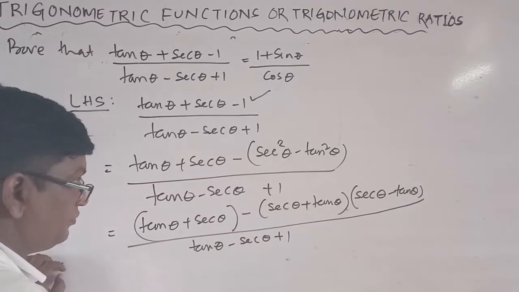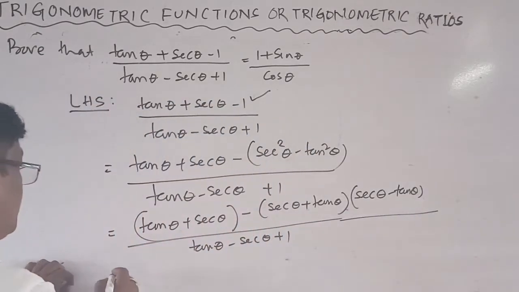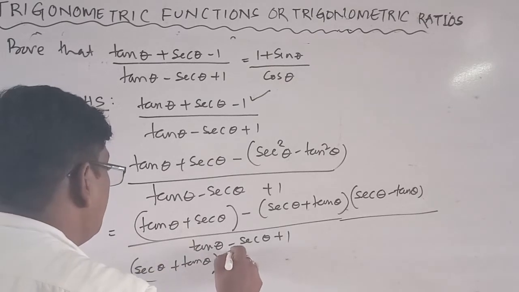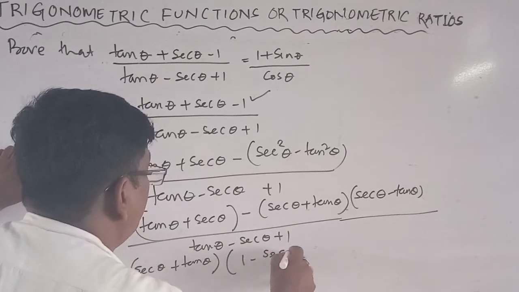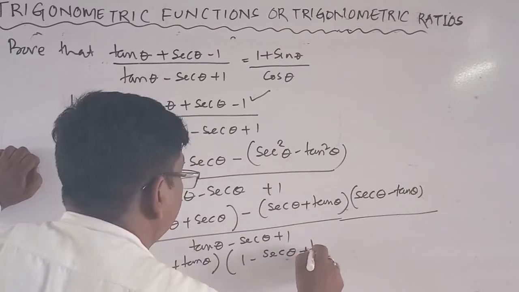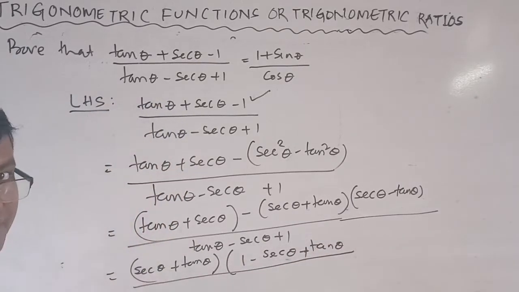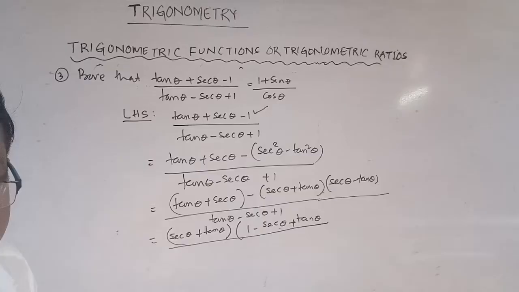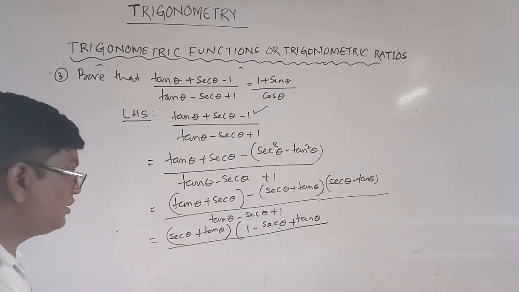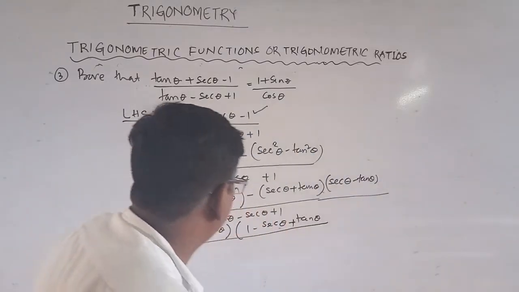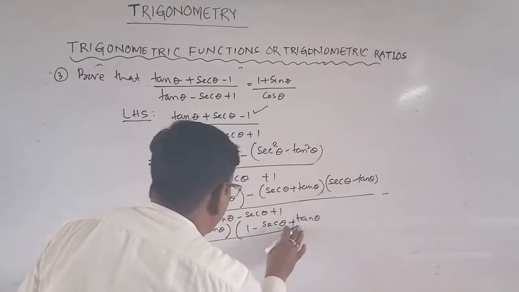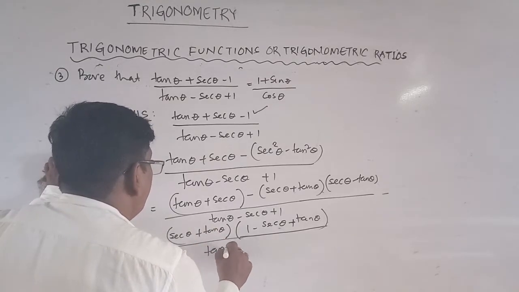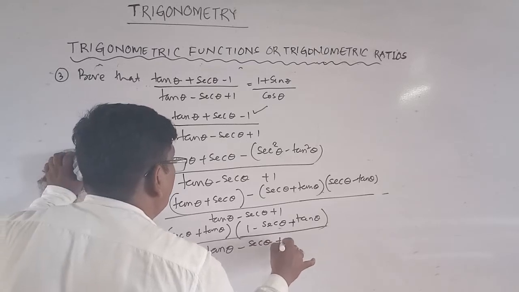So take common sec theta plus tan theta here, and here we have 1 minus sec theta plus tan theta, divided by tan theta minus sec theta plus 1.